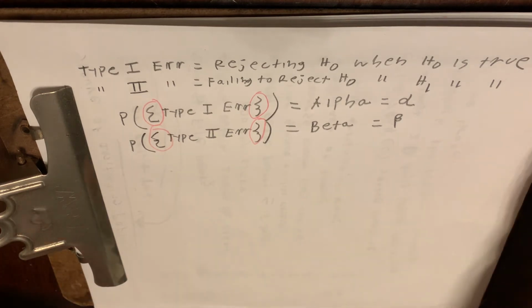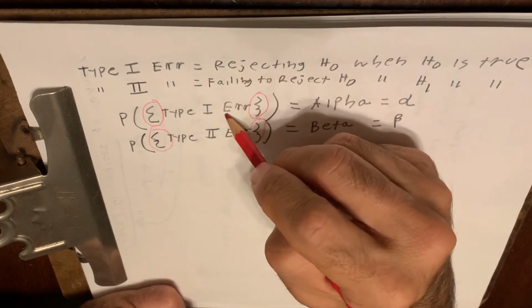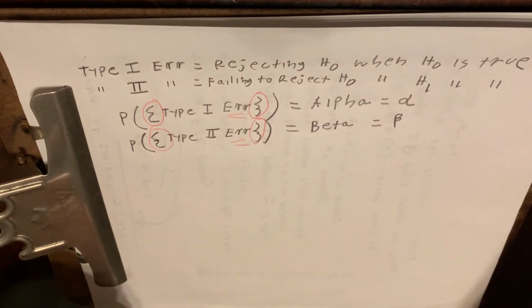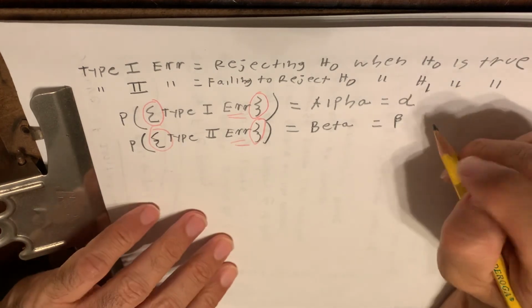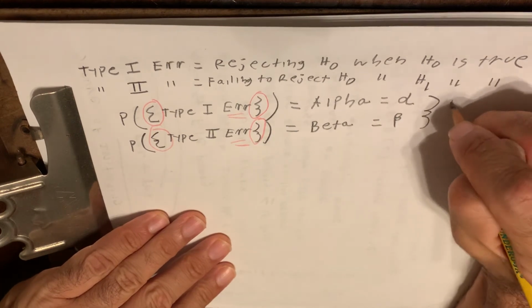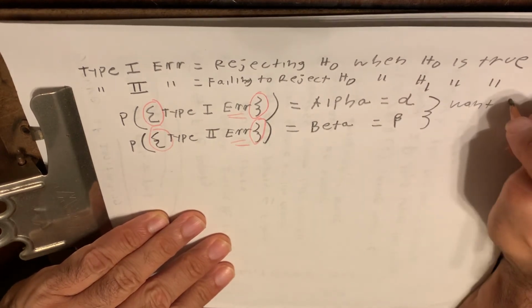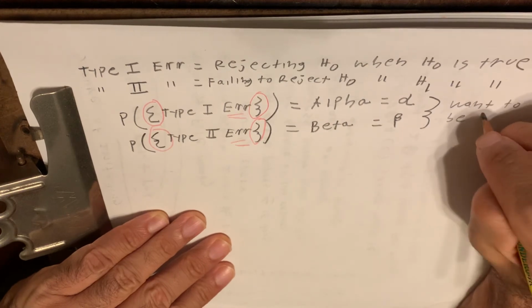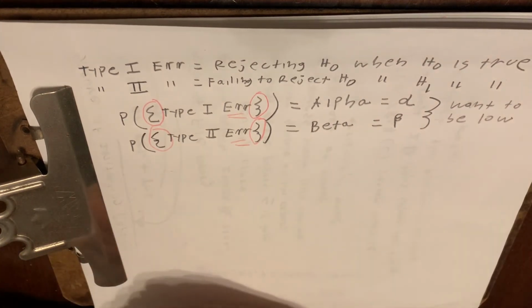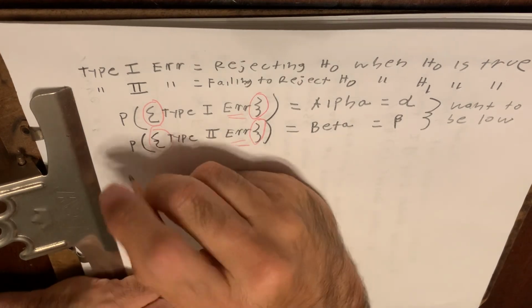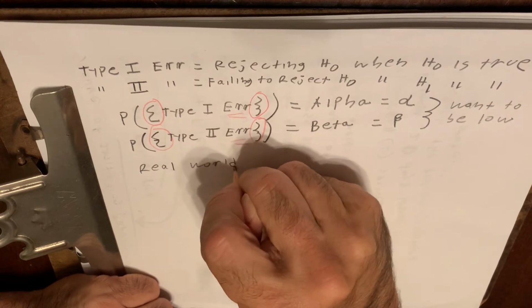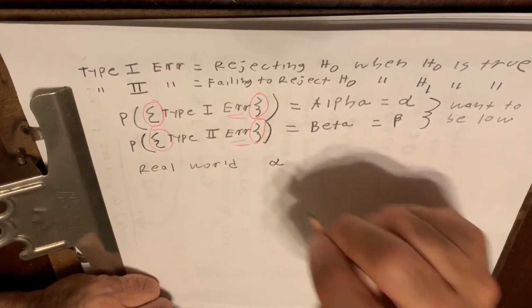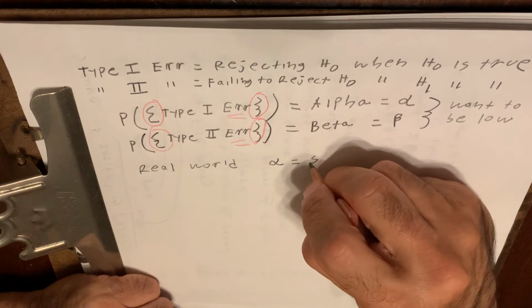Now, I want to point out that these are error probabilities, right? So nobody in their right mind would want to make an error. Who on earth would want to make an error? So we want these things to be low. And in the real world, alpha is typically 5%.